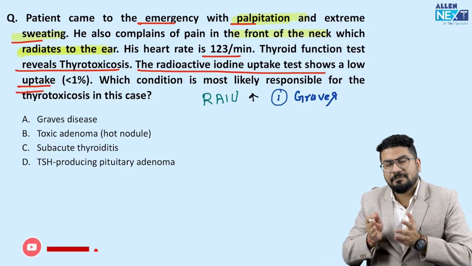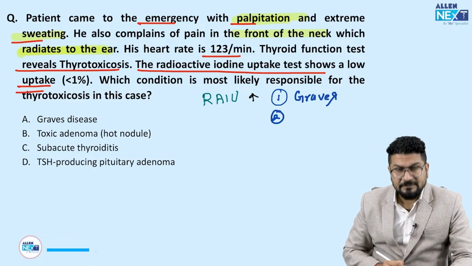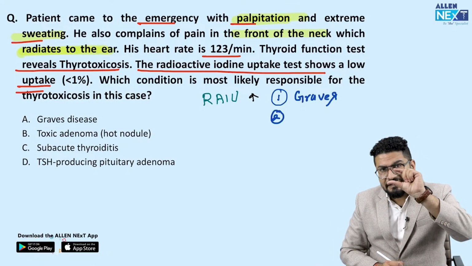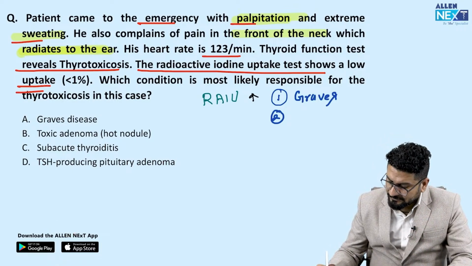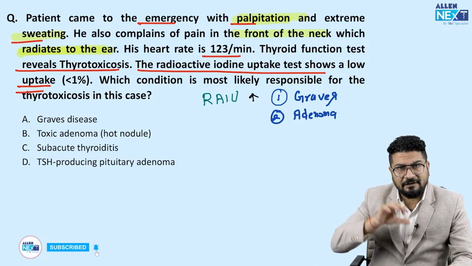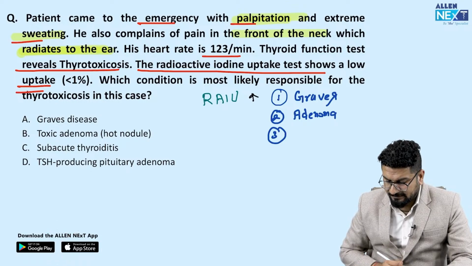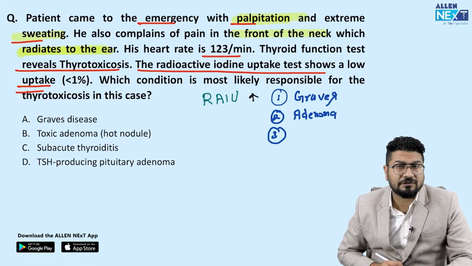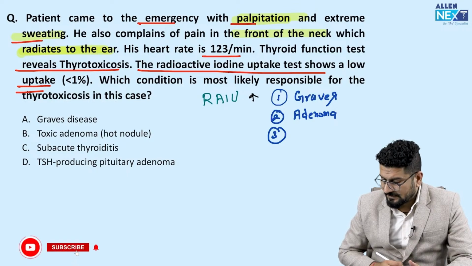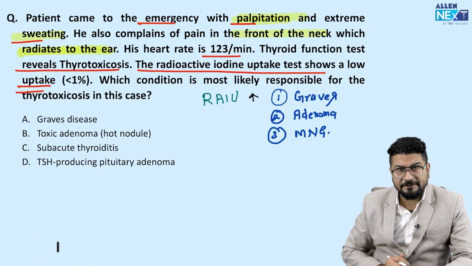In Graves' disease, you will see a bilateral equal uptake. Then it can be increased and more centralized whenever there is a toxic adenoma. And in toxic multinodular goiter, you will see a random uptake.